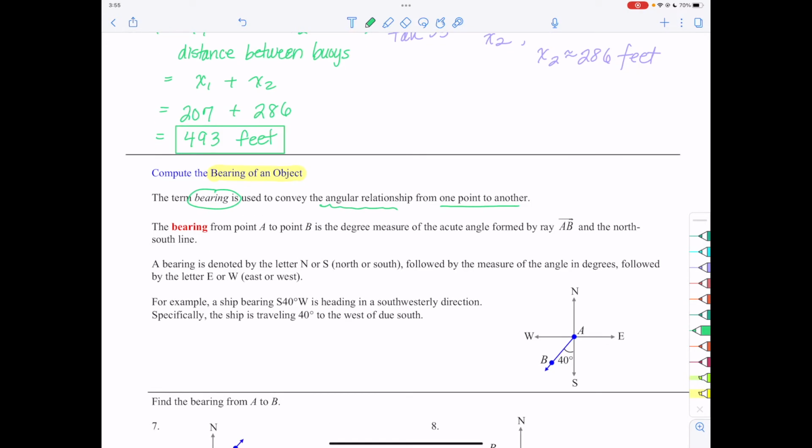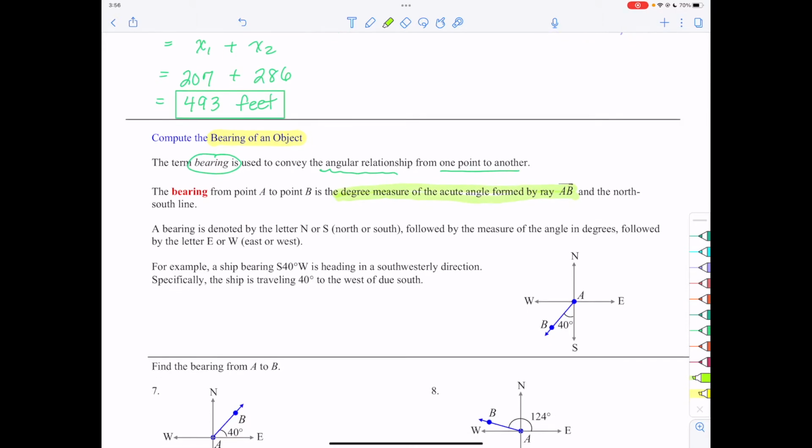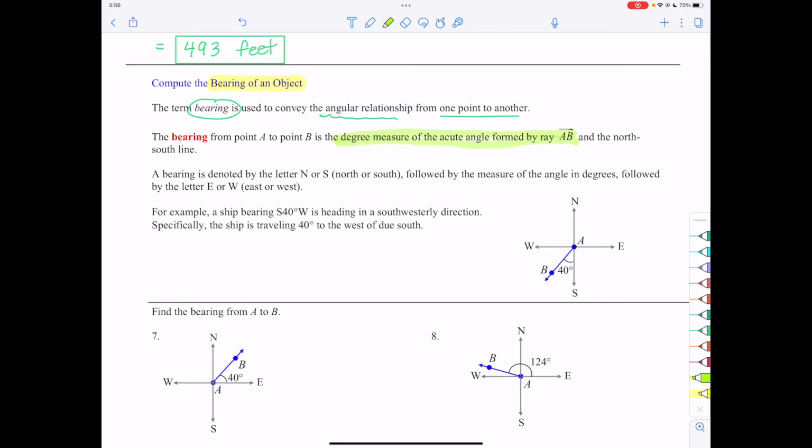So the bearing from point A to point B is the degree measure of the acute angle formed by ray AB. And that is going to be in the north-south line. So a bearing is denoted by the letter north or south, so N or S, followed by the measure of the angle in degrees, followed by the letter east or west, E or W.